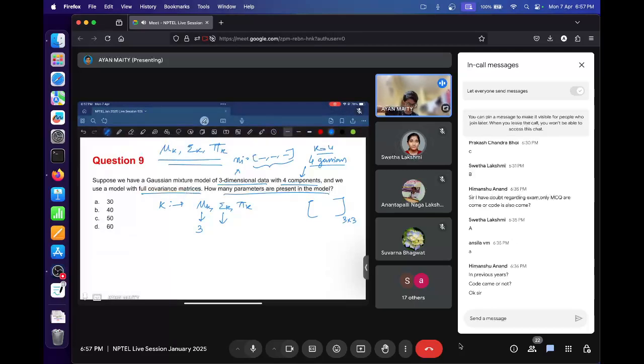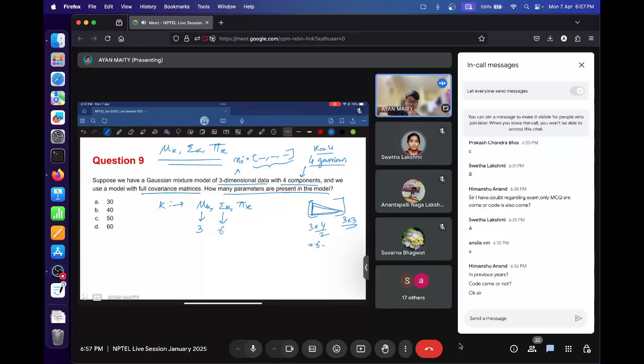So we just need to know one triangular half of the covariance matrix.